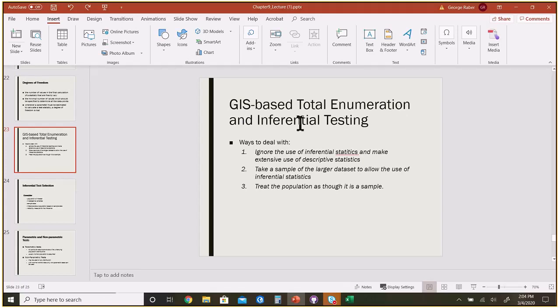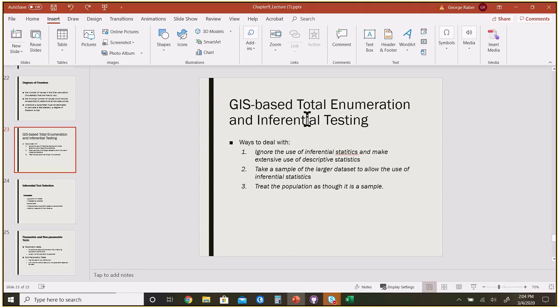Okay, so when we use inferential testing in GIS, we have a few questions. This is something your book points out, and we'll talk about this real quick before I go through some examples. We have some things to deal with. One is that the enumeration units themselves may or may not represent an actual population, or they could.